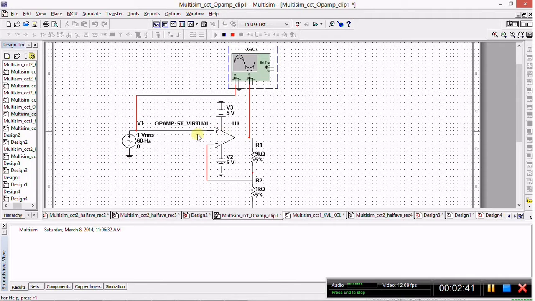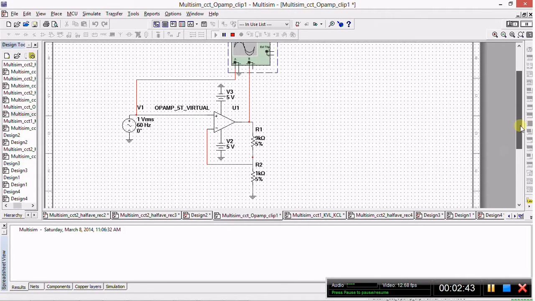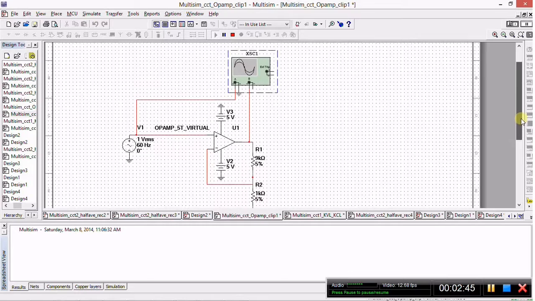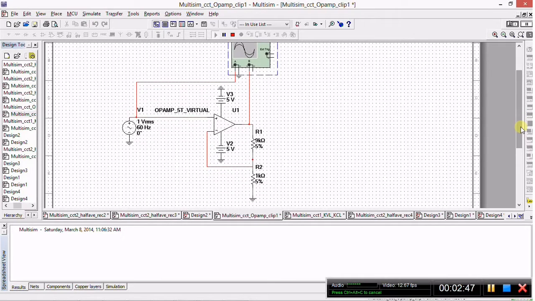Let's take into consideration what is actually going to take place here. Because we are using non-inverting feedback, the gain is specified by 1 plus R1 divided by R2. This gain tells us the factor by which the input would be amplified.